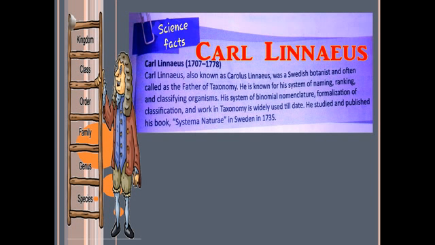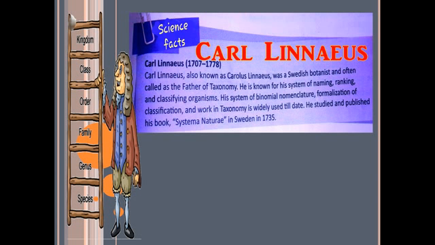He is known for his system of naming, ranking and classifying organisms. His system of binomial nomenclature, formalization of classification and work in taxonomy is widely used to date. Still we are following the binomial nomenclature proposed by him in botany, or in biology you can say.